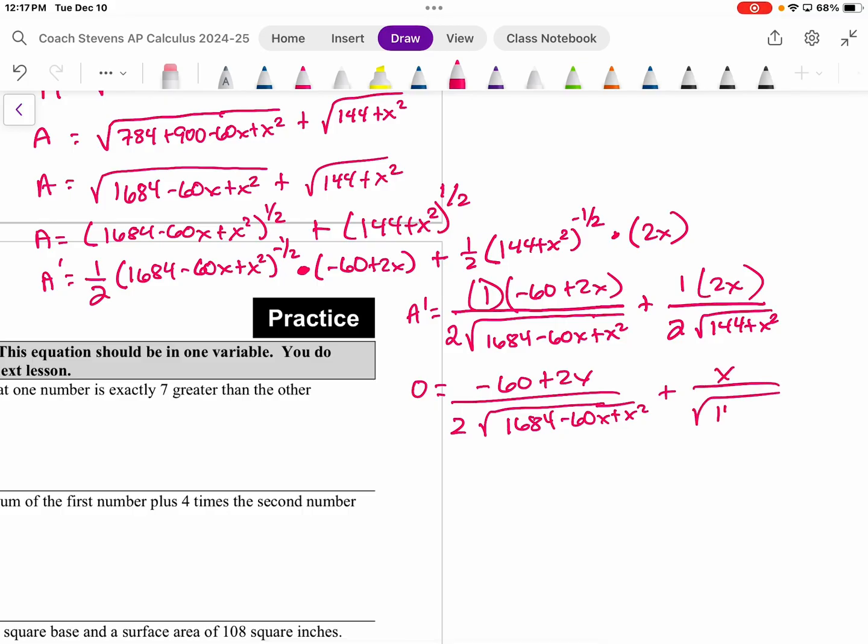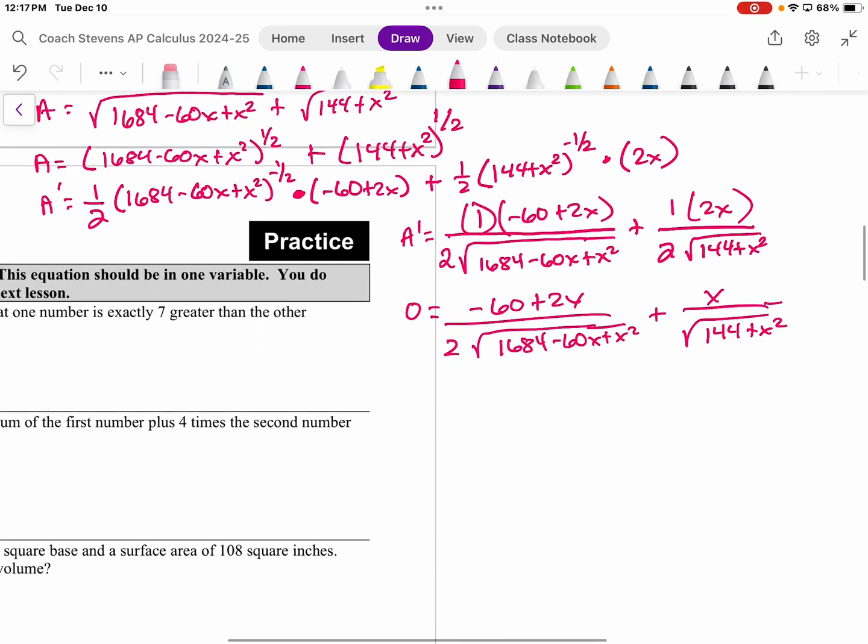I went ahead and reduced the 2's out. Now, this one gets to be crazy. We're not doing it by hand from here on out. We now need to go to Y1 and see where we have our zeros.